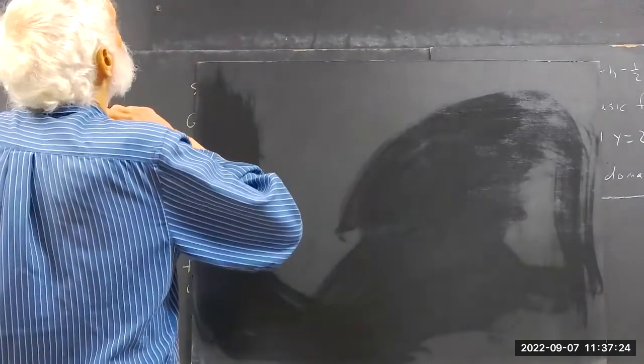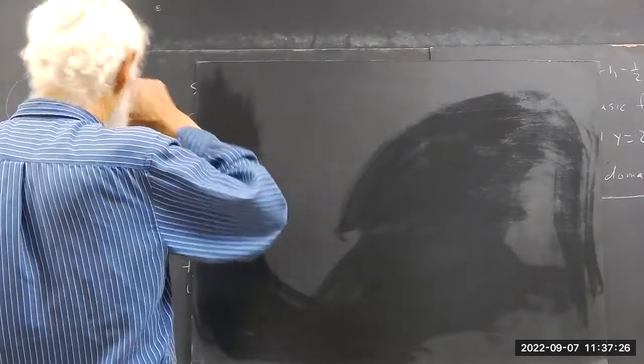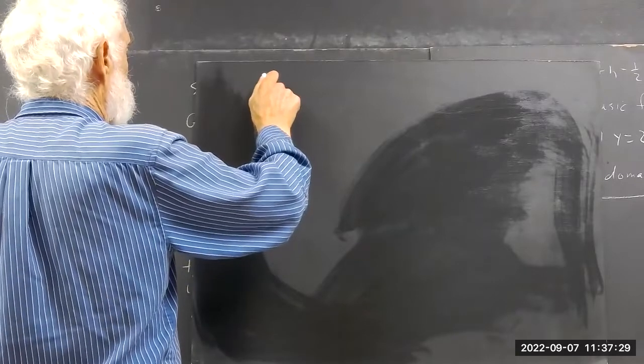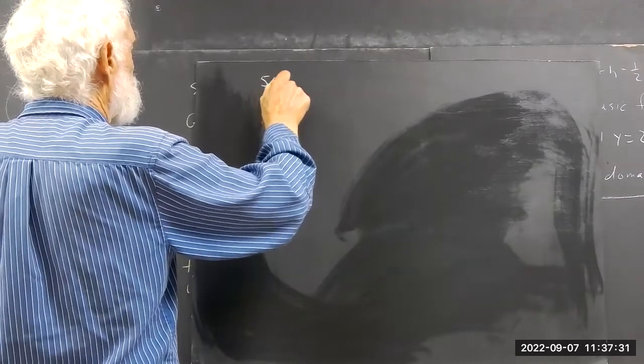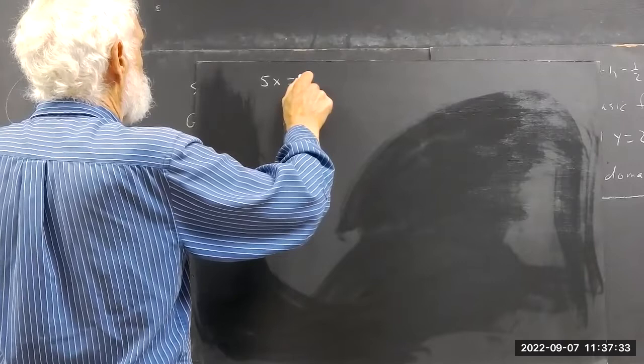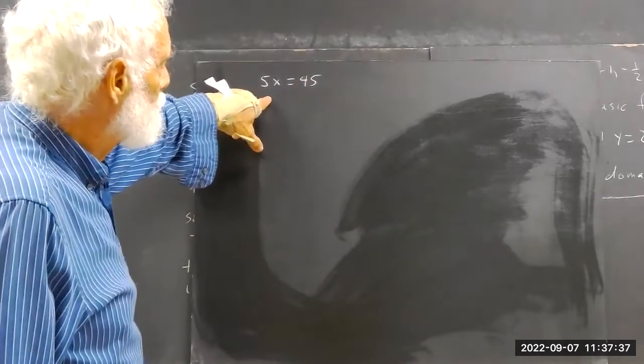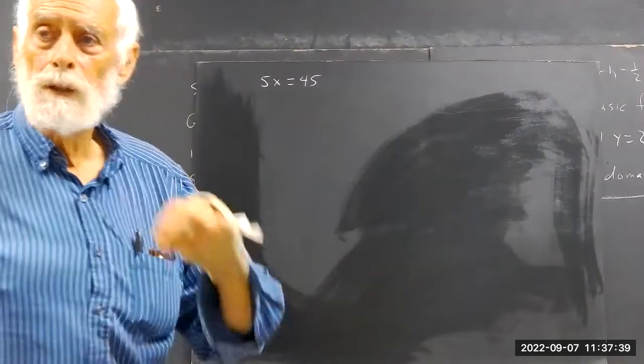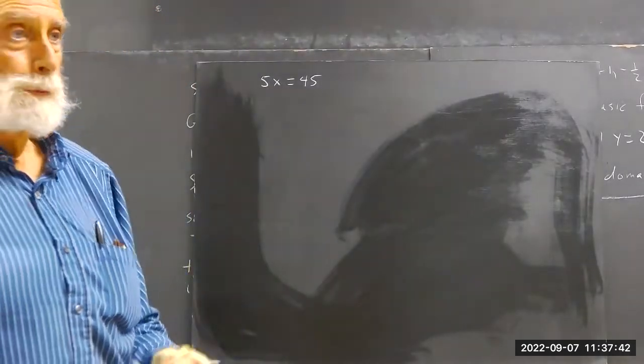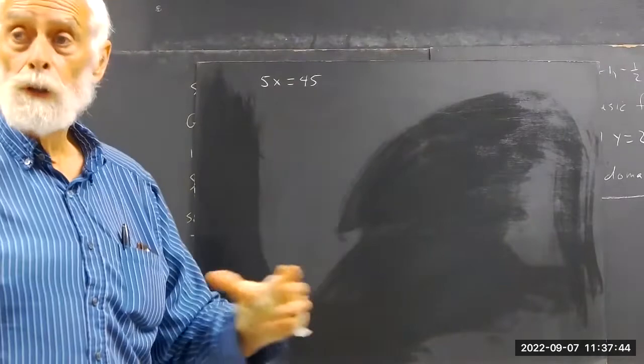Okay, so let's just take a pretty simple one. 5x equals 45. So I want you to solve that equation, showing me the steps as you understand them, so I can see what you do and don't understand.